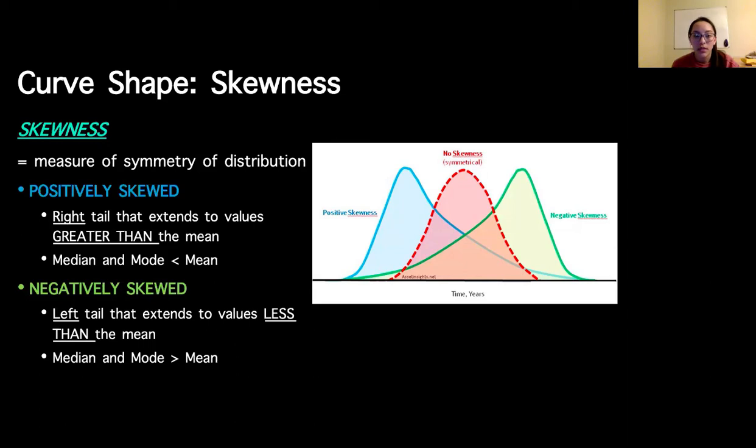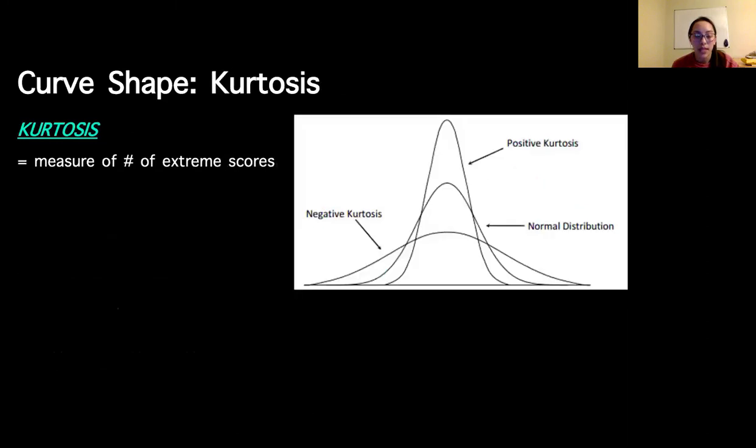But this is only half of the shape, right? We also have to look at our tails in terms of what is the frequency on the outer regions. A lot of people like to look at kurtosis and say, look, the peak is really tall or it's really short, okay?